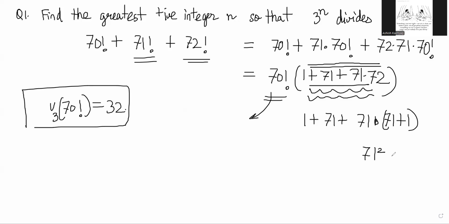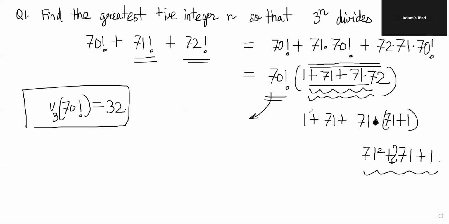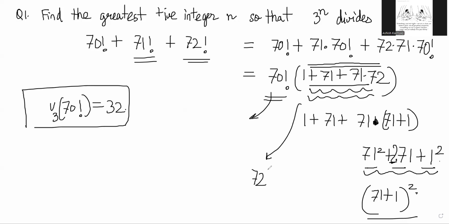So this becomes 71 square plus 71 into 2 plus 1, right? Is everyone seeing what I'm saying? So isn't this like the square of 71 plus 1? So basically this thing is 72 square actually. So there are 4 powers of 3 that are there inside it, no?